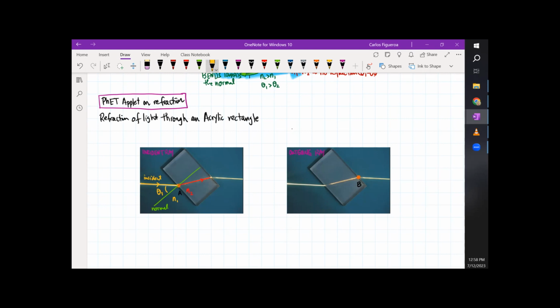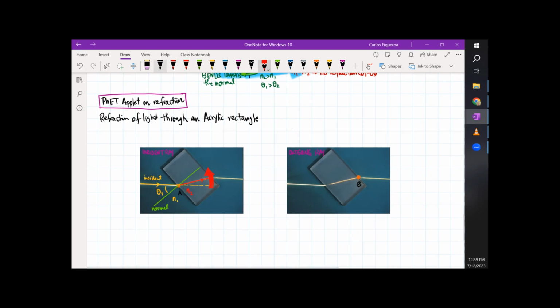Now, what was the incident ray really trying to do? The acrylic forced this guy to do what? Deviate. So this one is deviating from this location here. Instead of going straight, it deviated in this direction. And you could see here that that ray bent towards the normal.